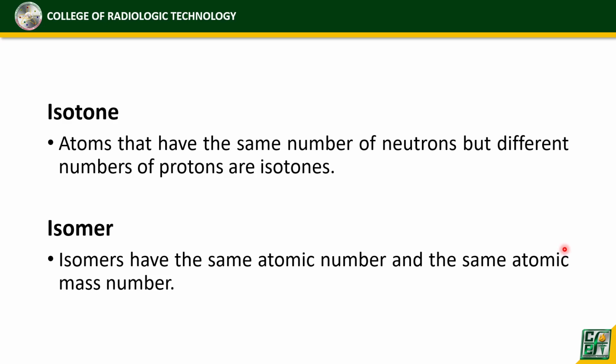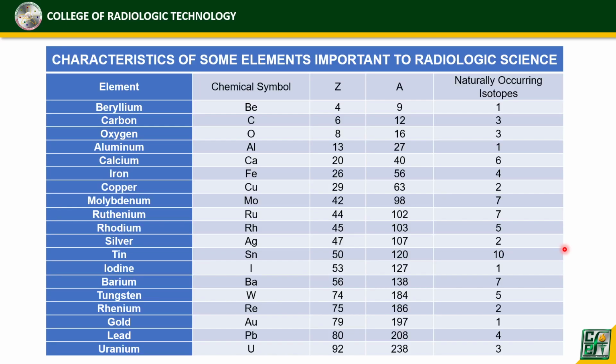To further discuss the atomic configuration, I will move to the next slide. Okay. This is a table about the characteristics of some elements important to radiologic science: beryllium, carbon, oxygen, aluminium, calcium, iron, copper, molybdenum, ruthenium, rhodium, silver, tin, iodine, barium, tungsten, rhenium, gold, lead, and uranium.